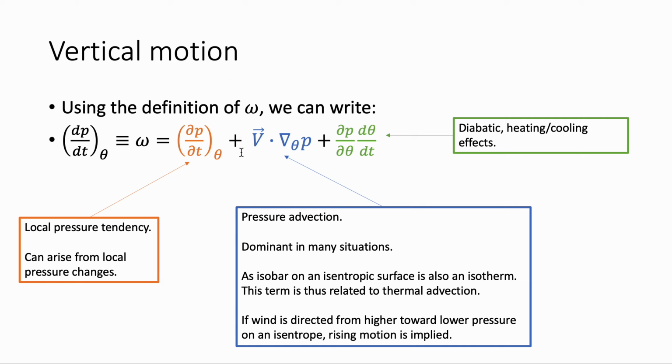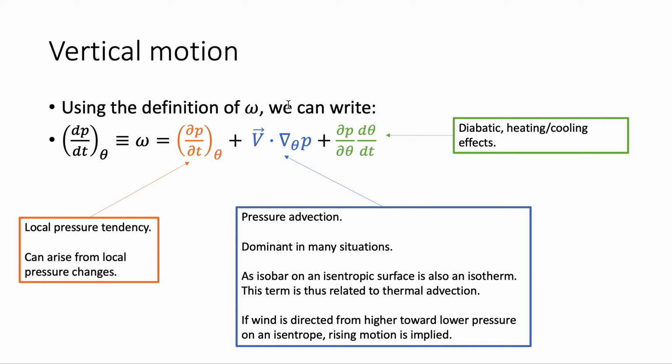The other term is an advective term. This is a pressure advection term. And this is a term that we are interested in because it is a dominant term in many, many situations, right? And so this is telling us that if there is a gradient in pressure on an isentropic surface, then this is likely associated with ascent or descent.